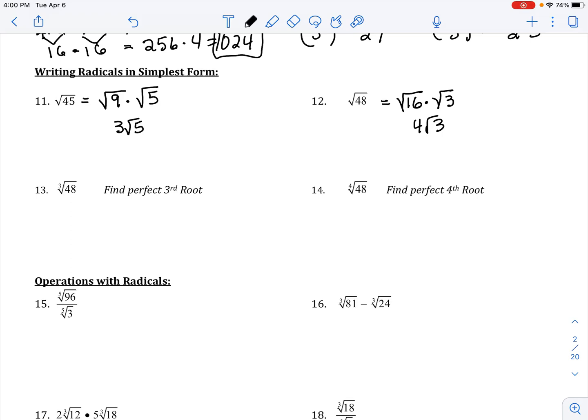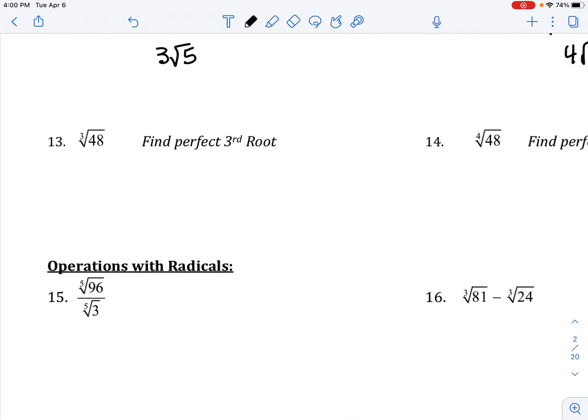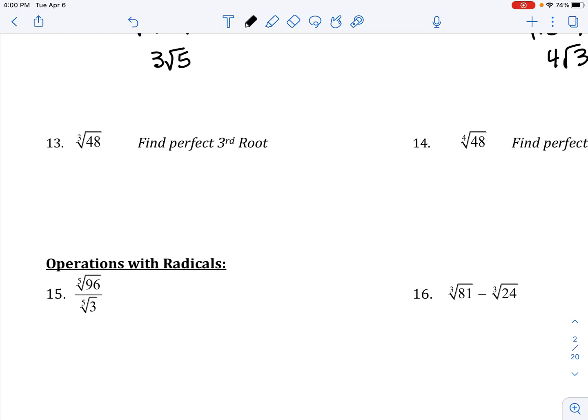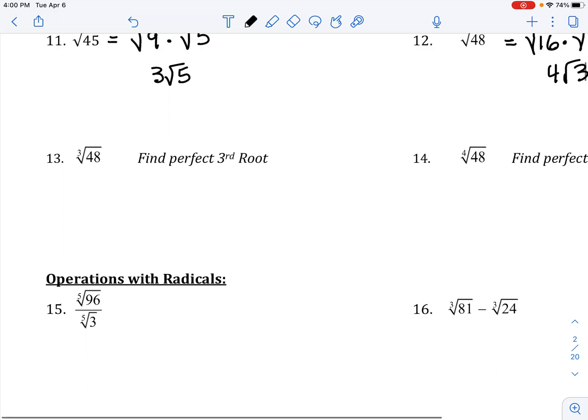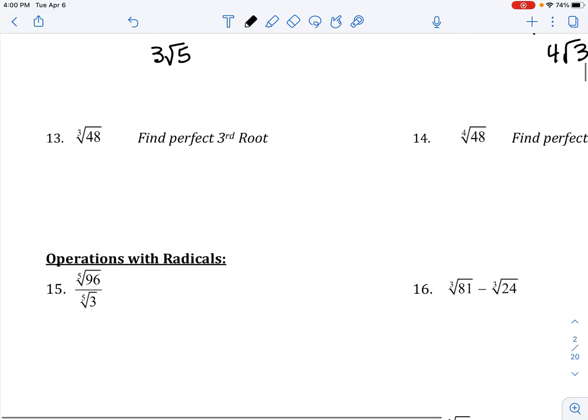Let me remind you, the radicand is the number inside the radical. For number 13, the cube root of 48, we need to find the perfect third root of 48, or we need to factor it into a perfect cube times the remaining factor, just like we did with the square roots.